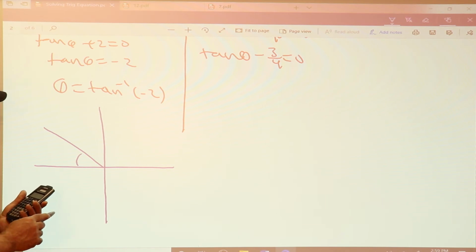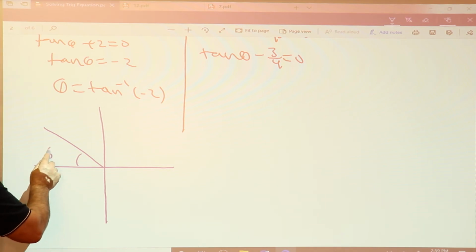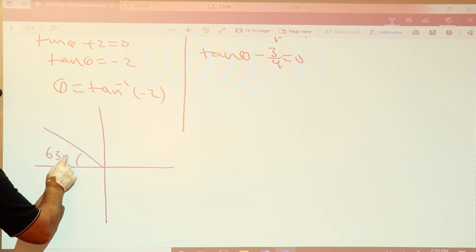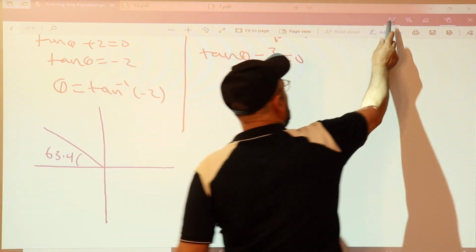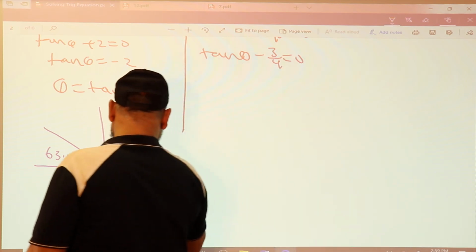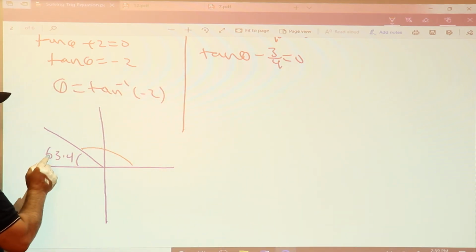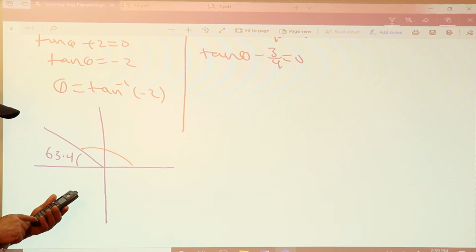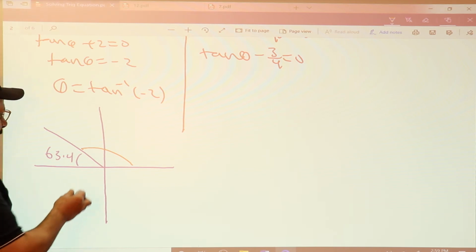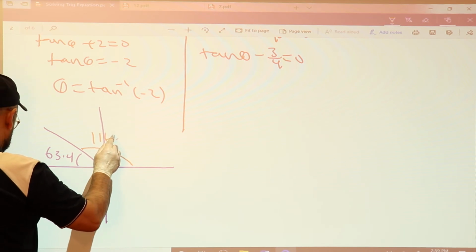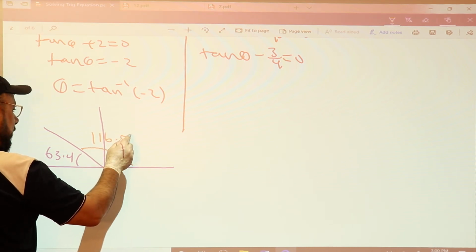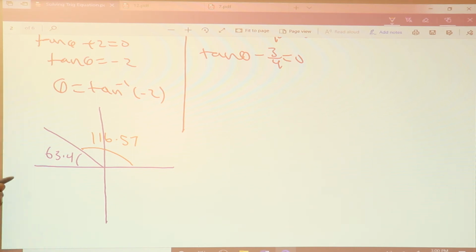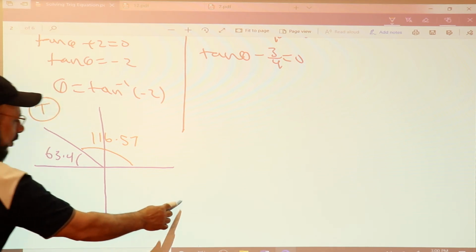We have 63.4, rounding this. Then the first answer I have is 180 minus this, which is 116.57. This is in the second quadrant, because the tan is negative here, and also negative here.